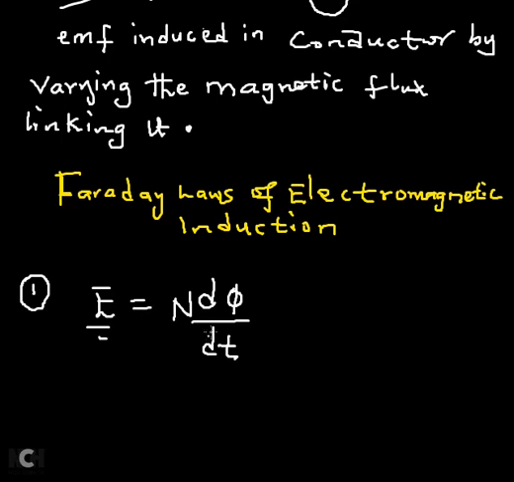A coil is made up of many turns. This relationship comes from Faraday's first law: anytime there's a change in flux with respect to time, EMF will be induced in that conductor.